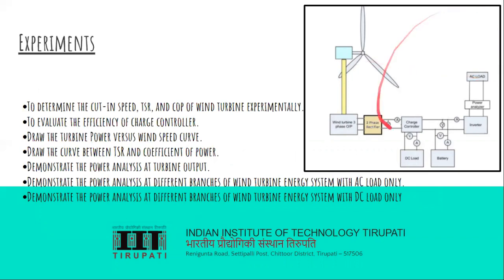This is the block diagram of our entire system. This indicates the wind turbine, which gives the electricity output, and by using the rectifier, the variable AC is converted into DC, and that DC is stored in the battery. If DC loads are there, then through the charge controller the DC power supply is given to the DC load.